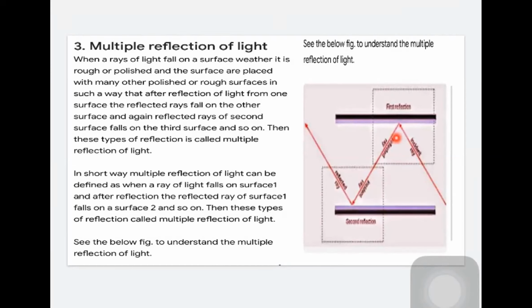After reflection, this ray of light would serve as the incident ray on the second mirror, which is the mirror shown by the spotlight here. Since this mirror surface is also polished, the ray of light would be reflected back. So in this example, you can see one ray of light being reflected a number of times. Such a phenomenon is called multiple reflection of light.